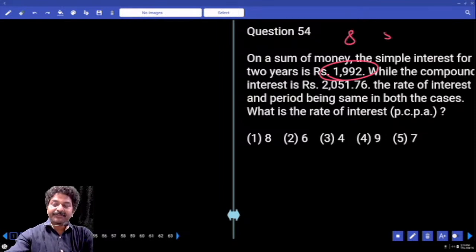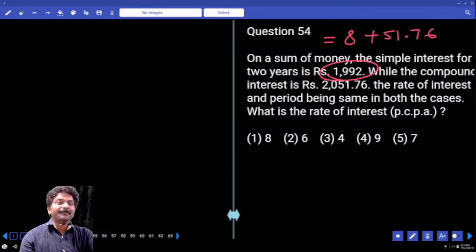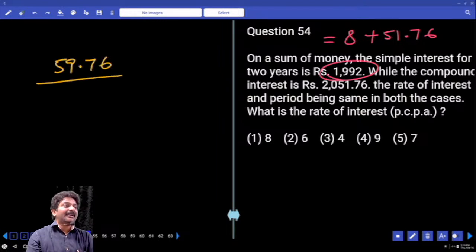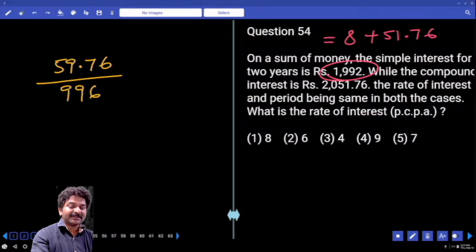That is 51.76 more. Difference in the sense 59.76 only. So we got a difference of 59.76, which is interest obtained on first year interest, which is 996 percentage into 100. Understood?